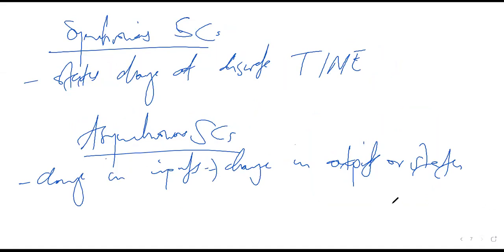Example of a sequential circuit. Let's say for a counter, we want a counter which counts from 0, 1, 2 to 9.